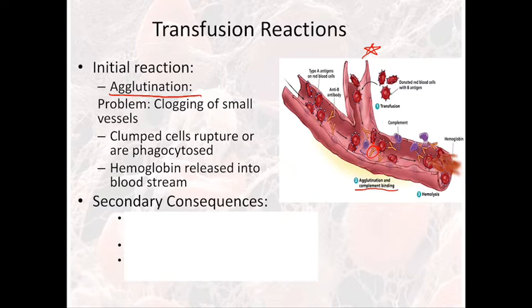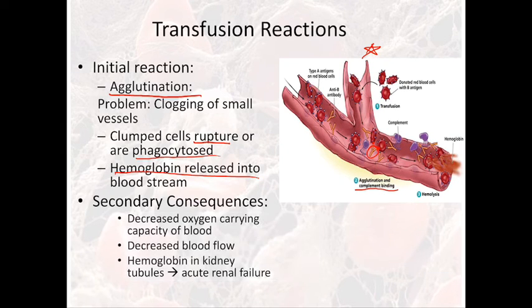That ends up causing big clots, big clumps of blood in the vascular system that can clog blood vessels and lead to lack of blood flow. Eventually that leads to those cells rupturing or also being phagocytosed by cells of the immune system. And then we get hemoglobin dumping out into our bloodstream, and there's lots of consequences of that.